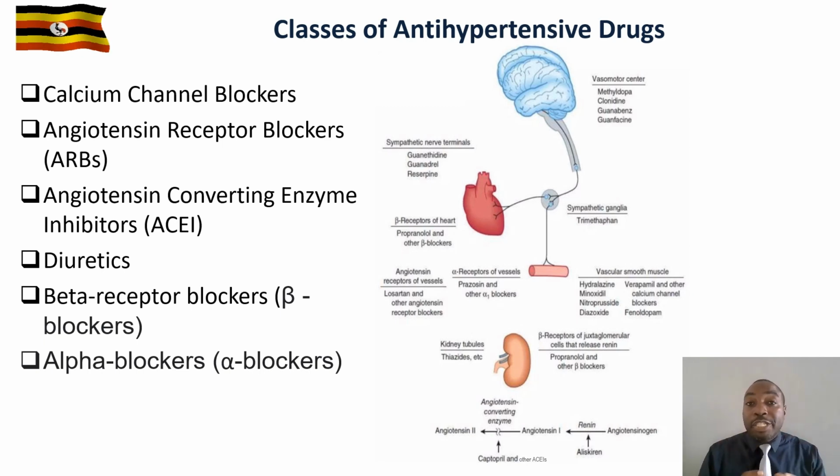So the blood pressure is actually a product of what we call cardiac output and peripheral vascular resistance. Cardiac output is what the heart pumps out and how strong the heart is pumping. Then the peripheral vascular resistance is affected by the constricting or the dilating of the blood vessels throughout your body.